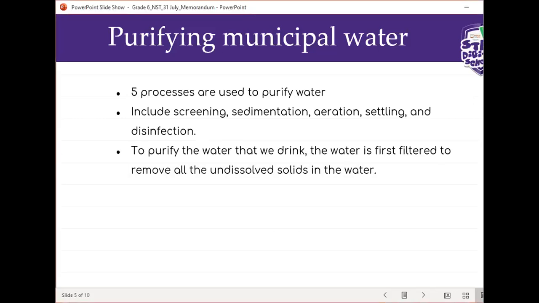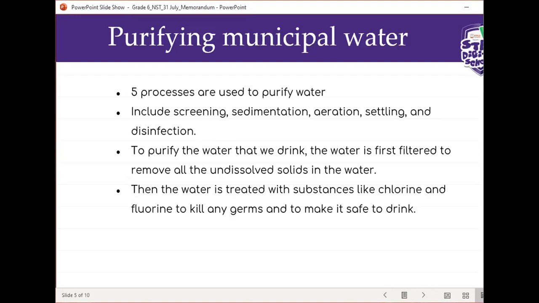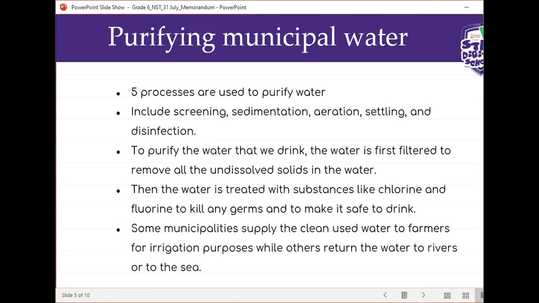Then to purify the water that we drink, the water is first filtered to remove all the undissolved solids in the water. Then the water is treated with substances like chlorine or fluorine to kill any germs and to make it safe to drink. Some municipalities supply clean water to farmers for irrigation purposes, while others return water to rivers or to the sea.